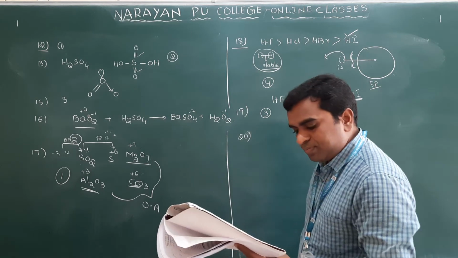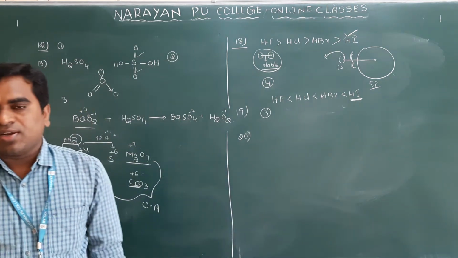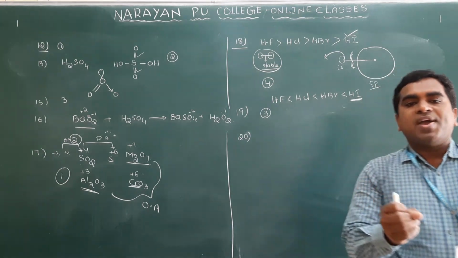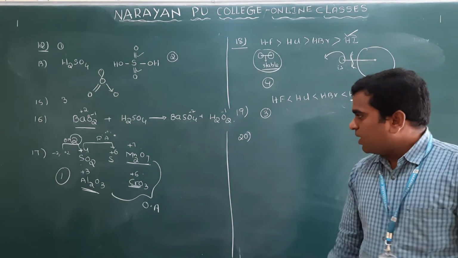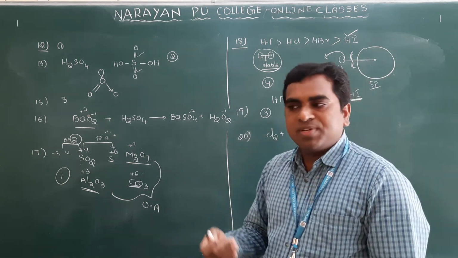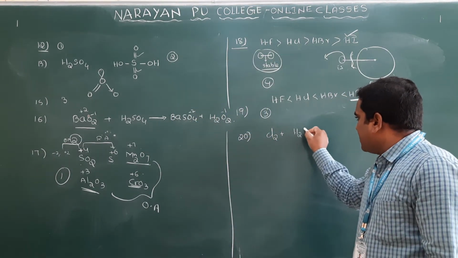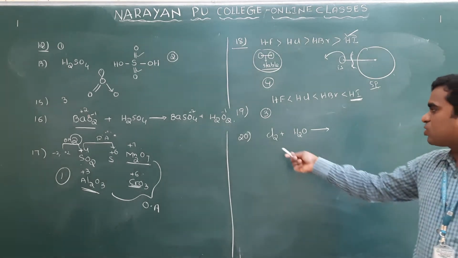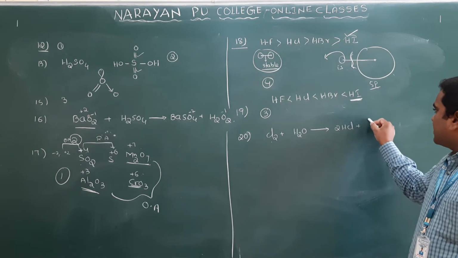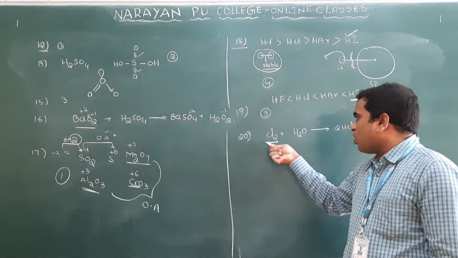Question number 20. Chlorine acts as a bleaching agent only in presence of... I already mentioned here, chlorine acts as a bleaching agent only in moisture or in aqueous solution. Why? Because whenever chlorine acts as a bleaching agent, it has to provide oxygen. When chlorine reacts with water, in presence of moisture or in aqueous solution, it gives nascent oxygen, and this nascent oxygen is responsible for the oxidizing and bleaching properties of chlorine.